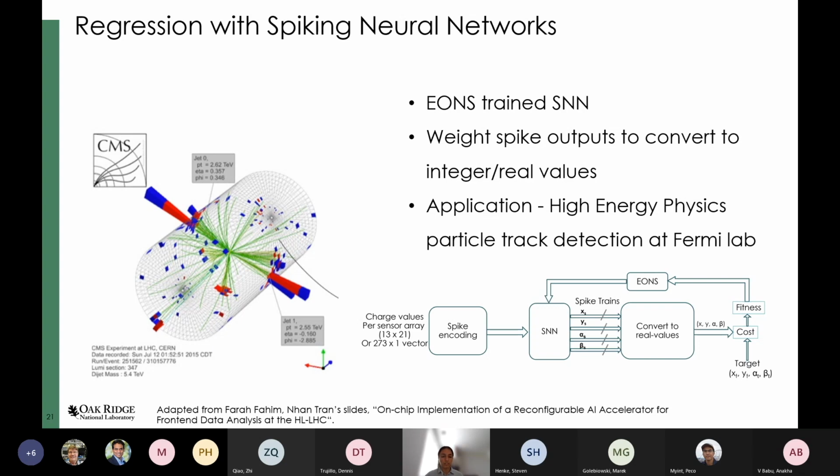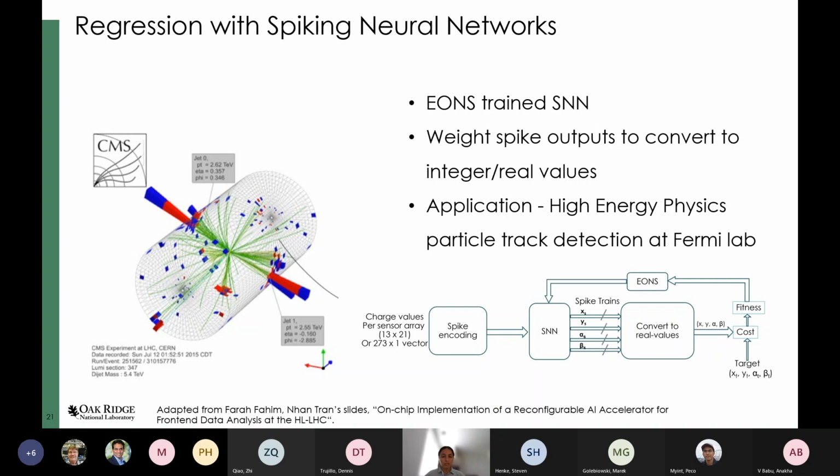Because of the large volume of data being generated by the large scale CMS experiment at the Large Hadron Collider, the goal there is to reduce the size of the data or get the most critical information from the charge values detected by the sensor.